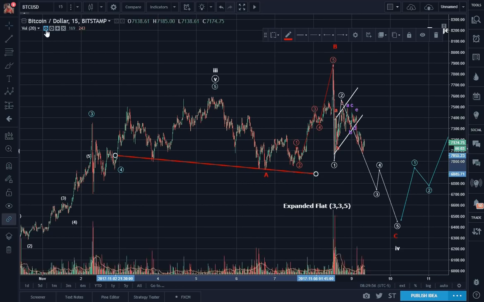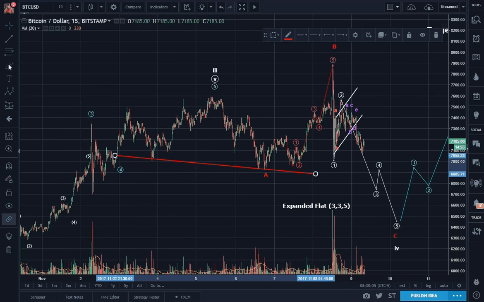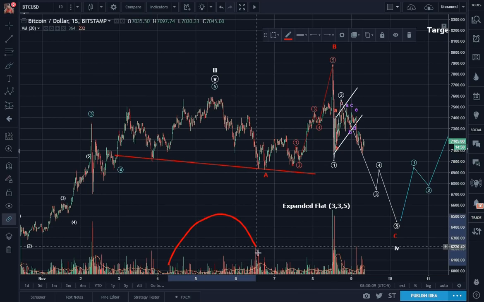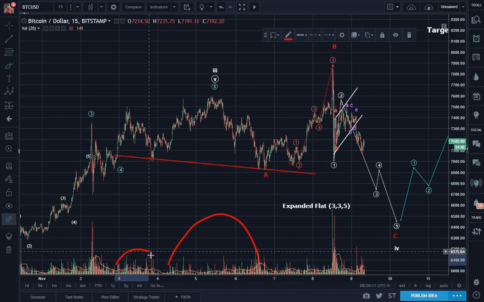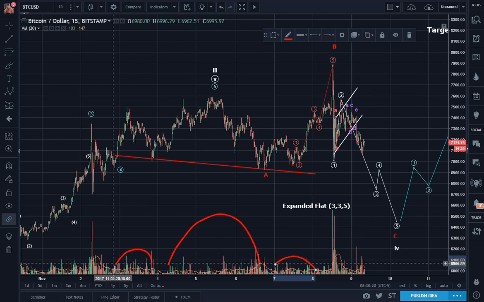And one way to tell is to look at the volume. The volume should have most volume on the head, less on the shoulders. And you're not seeing that here. So this is not a fully validated Head and Shoulders. That's one way to tell.